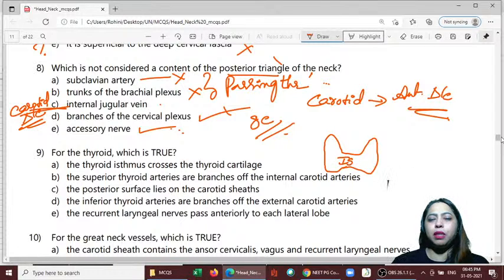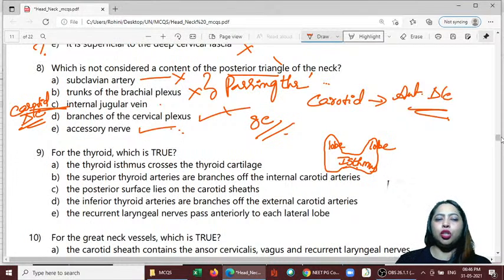This is called the isthmus. This is the lobe. So thyroid isthmus crosses the thyroid cartilage. Does it cross? Is the question. Ninth one. It does not cross. This is wrong.